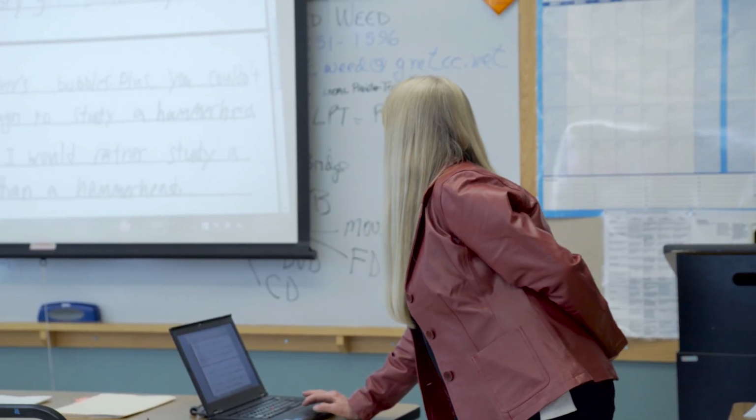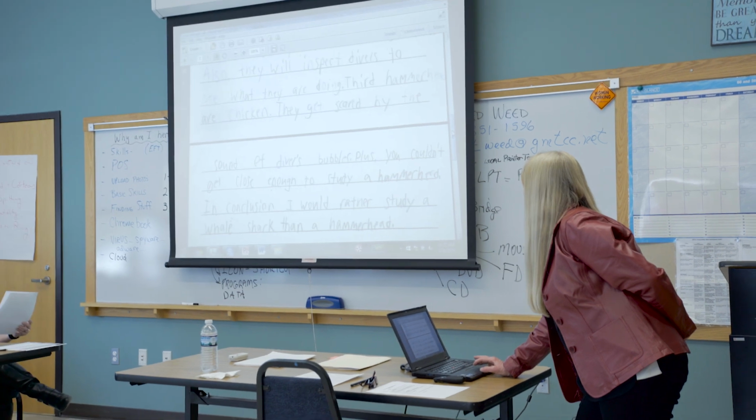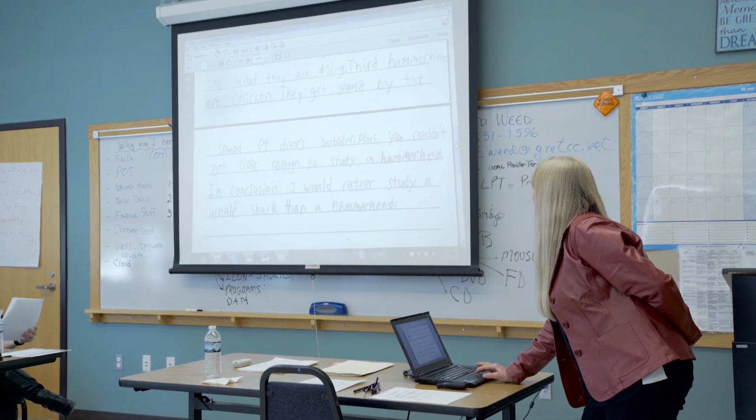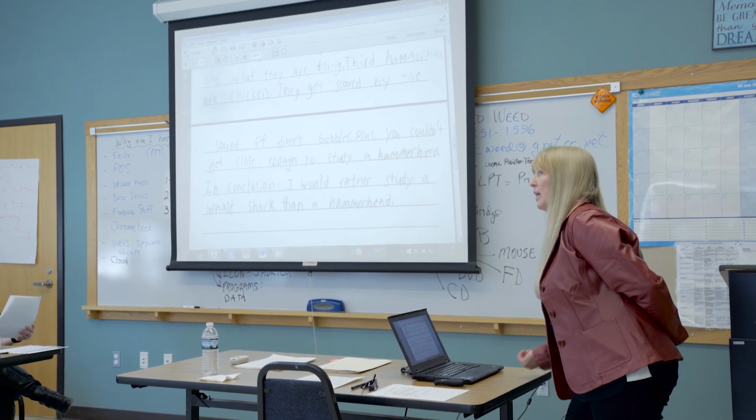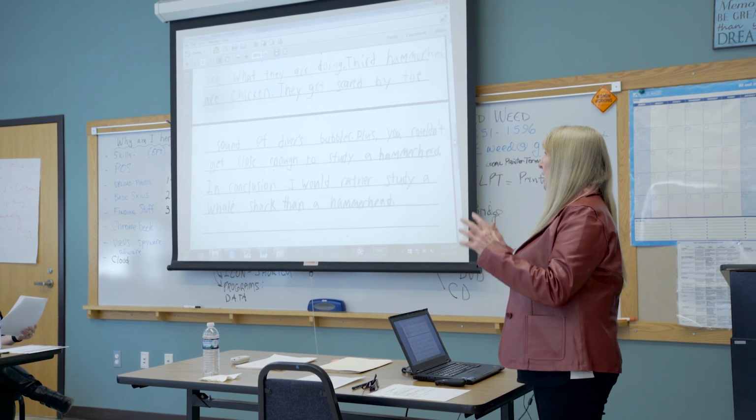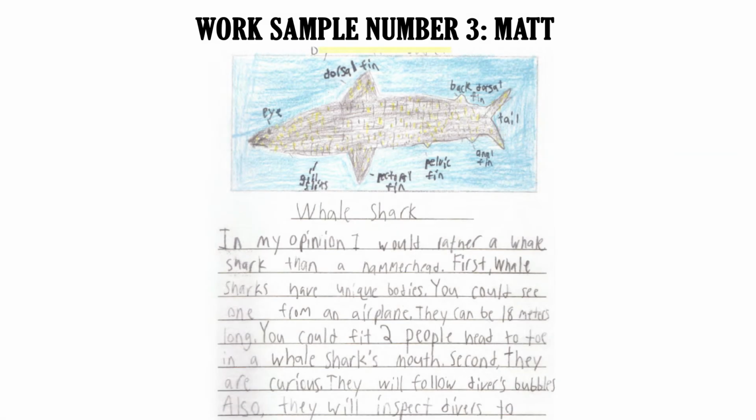"They get scared by the sound of divers' bubbles. Plus, you couldn't get close enough to study a hammerhead." So he's connecting that to the counter to that. I feel like Mackenzie also did that. "They are also shy, which is sort of wimpy." Right, sort of wimpy. So again, a little bit of the voice. Especially if someone wants to study them.